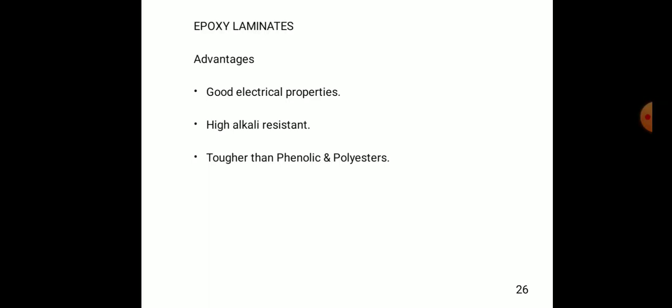We have different types of laminates as substrates to design PCBs, and depending on our requirement, we choose these laminates. We are discussing the different laminates, their advantages and disadvantages.